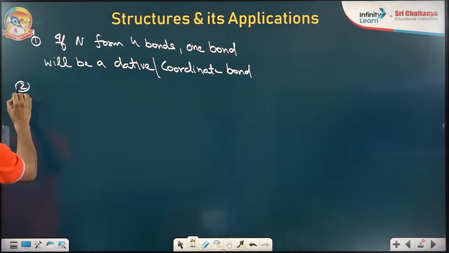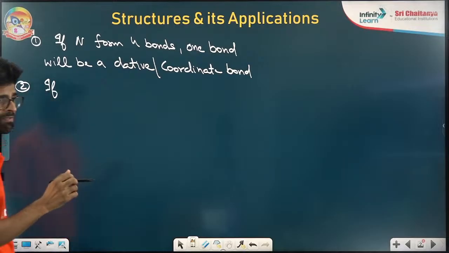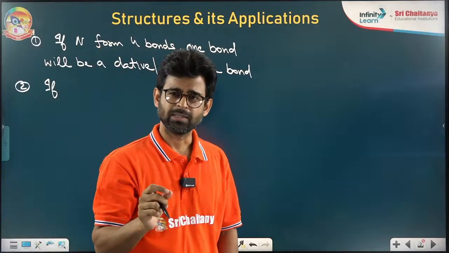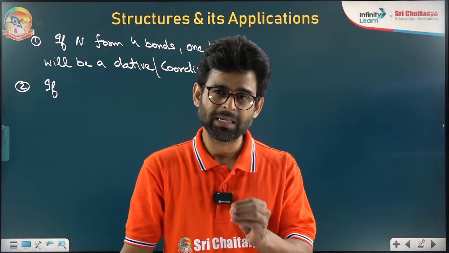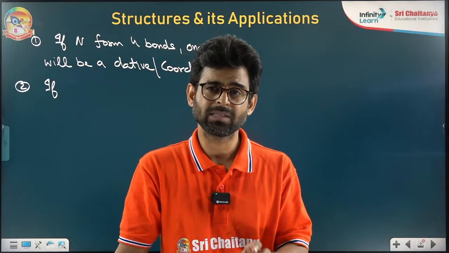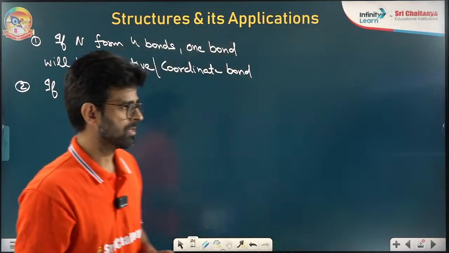The second point, if we talk about oxygen, normally oxygen makes how many bonds? 2 bonds, right? Normally a neutral oxygen makes 2 bonds. Whenever you see oxygen making 3 bonds, definitely the third bond is a coordinate bond again, okay?